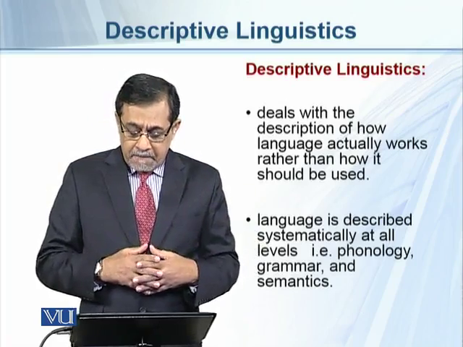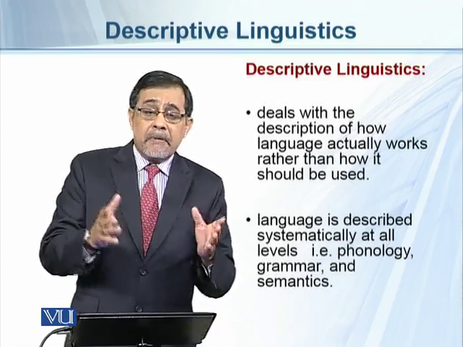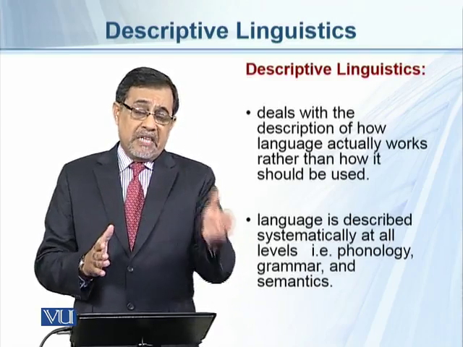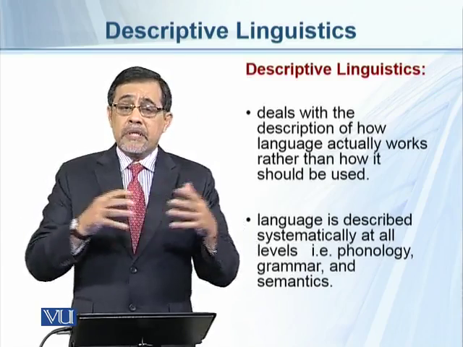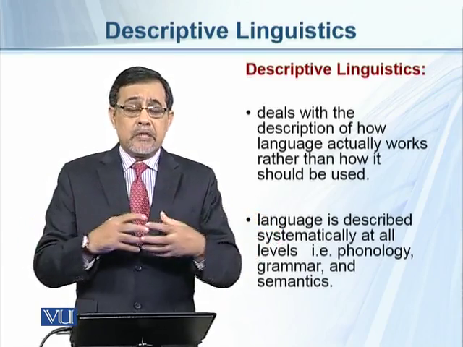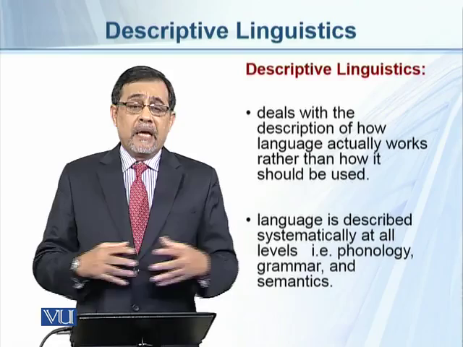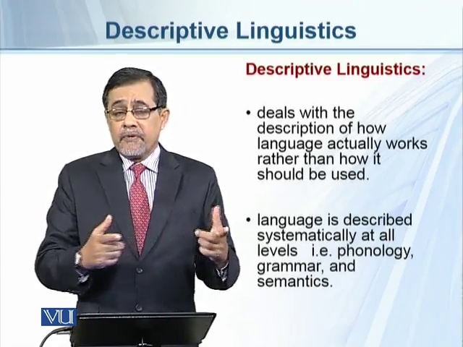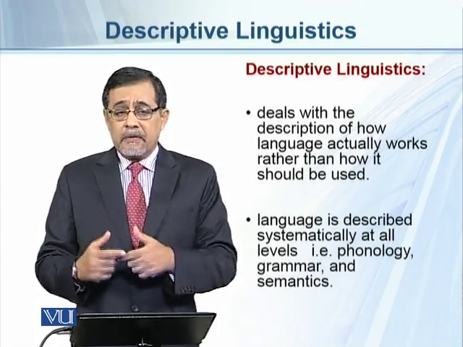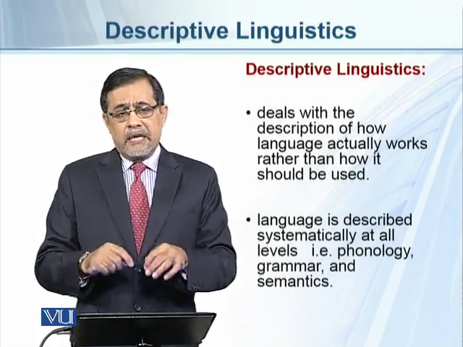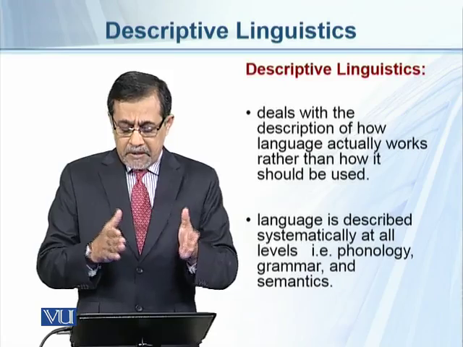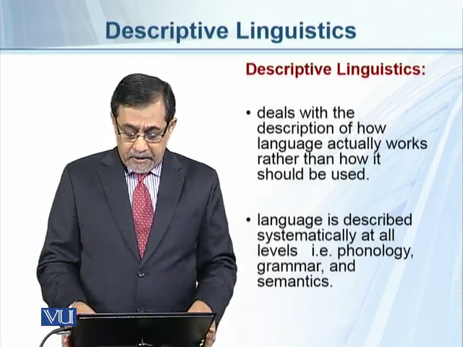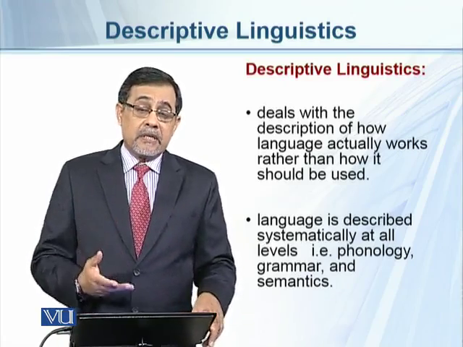Similarly, in grammar here we mean both syntax, the way words or phrases are arranged in a meaningful whole, and the way words are formed. The internal structure of the word is studied in morphology. So both syntax and morphology come under the heading of grammar, and then semantics, the meanings.